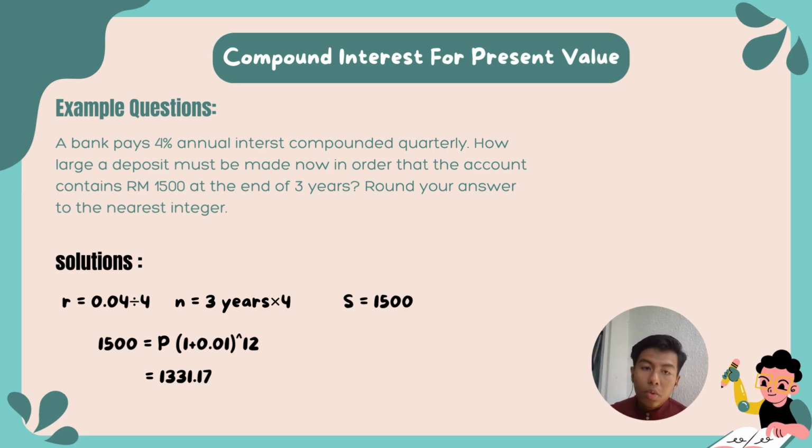And we just go to 1500 equals P in the bracket 1 plus 0.01 to the power of 12. 12 is the period, and this is a keyword. Just put it in the calculator, and we can get the answer 1331.17. That's all.